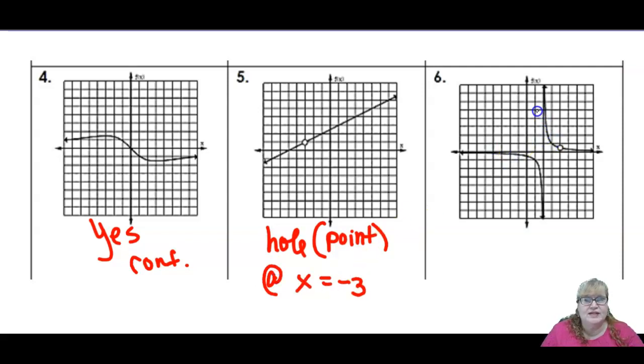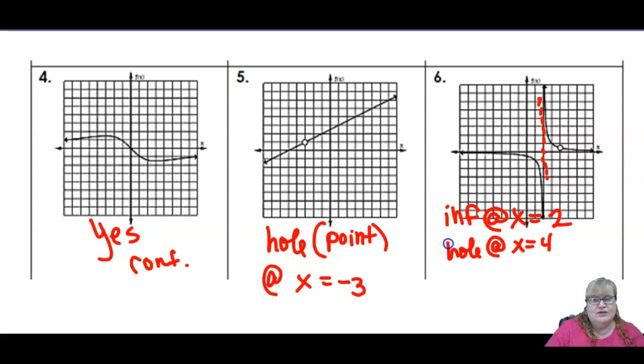And this one actually has 2 discontinuities. It has a line or infinite discontinuity at x equals, what is that, 2? And then over at x equals 4, it has a hole. Not going to ask too much about those, but easy peasy to do on the homework.